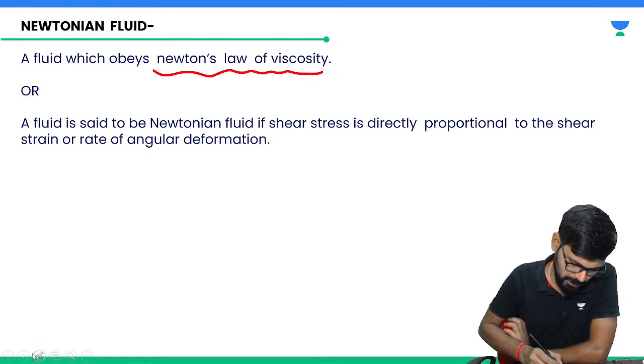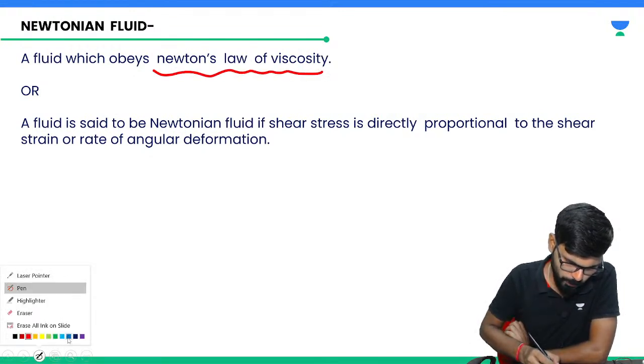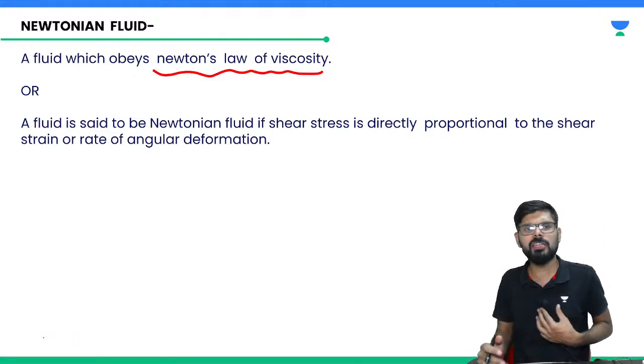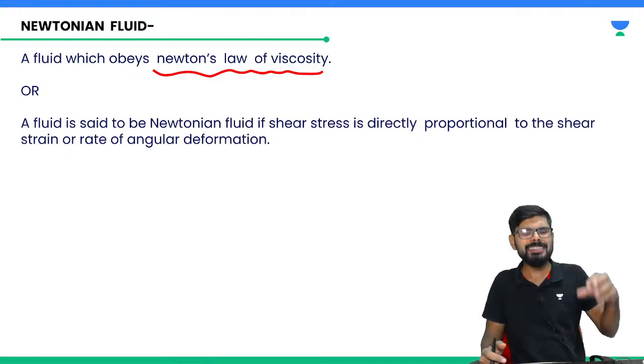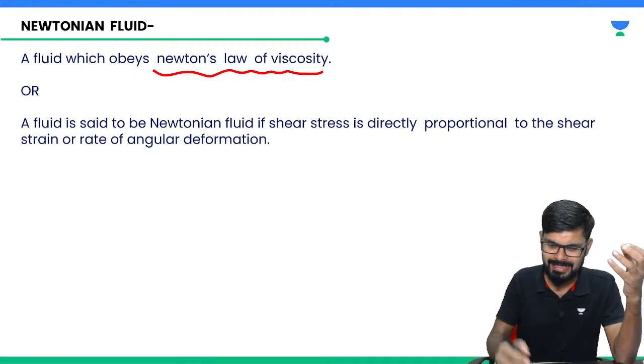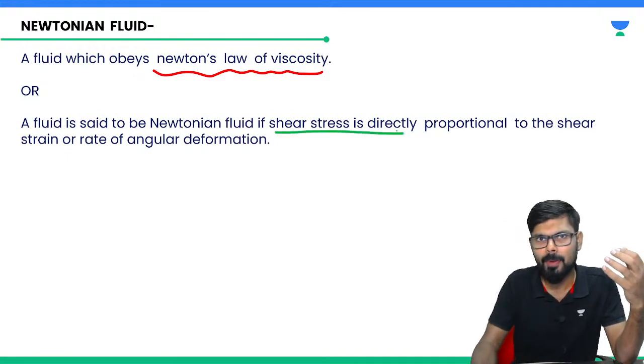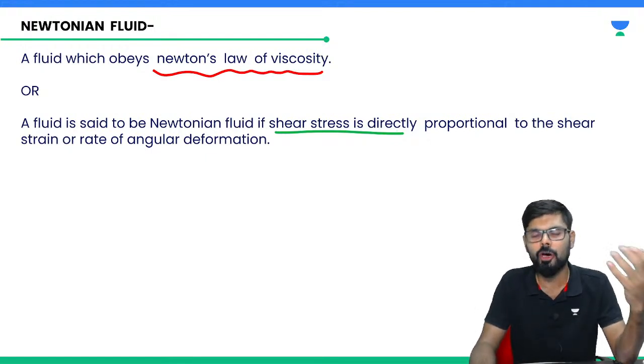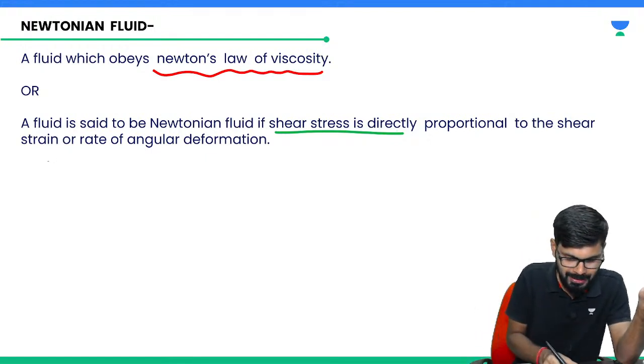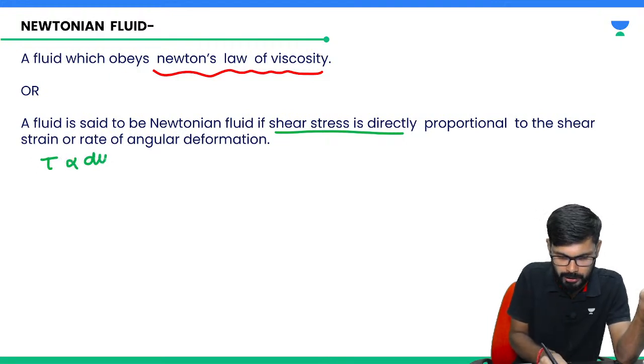Sir, what is Newton's law of viscosity? I already taught you that, but if you want to recall the concept, a fluid is said to be Newtonian if the shear stress is directly proportional to the rate of shear strain or angular deformation. So for Newtonian fluids, tau is proportional to du by dy.